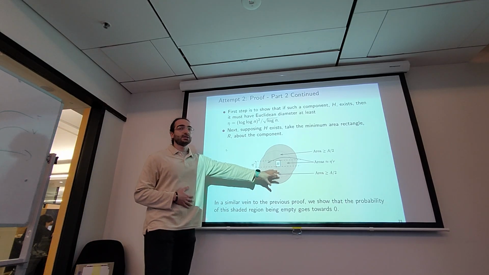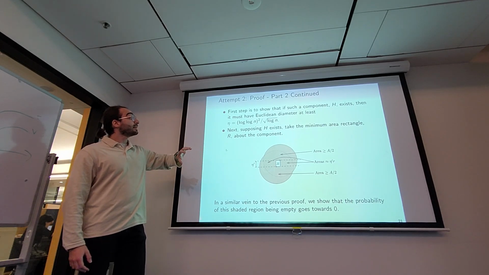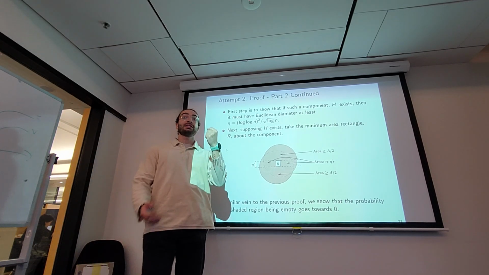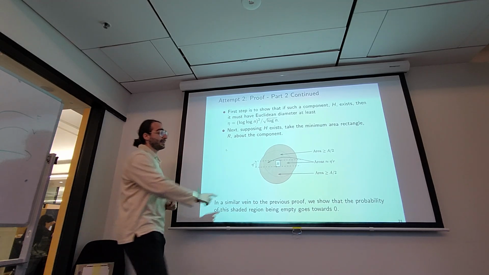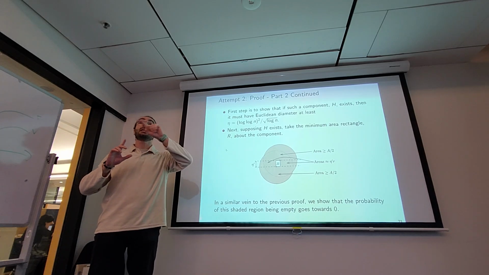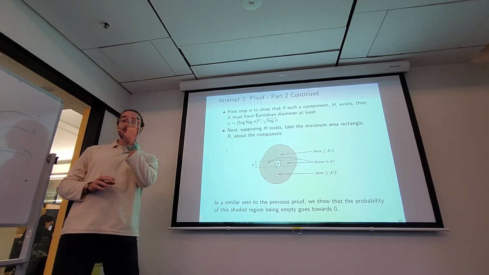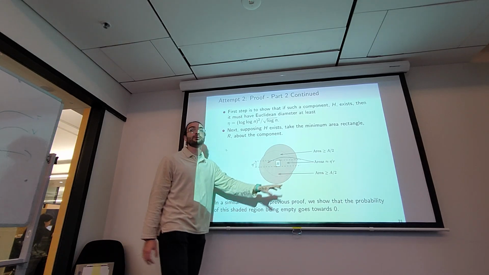Then, this is a nice diagram, we'll go into it in a second. Supposing that this component does exist, which we're calling H, we take R, the smallest area rectangle which makes tangents to the vertices of the component, and the tangents must be horizontal and vertical.